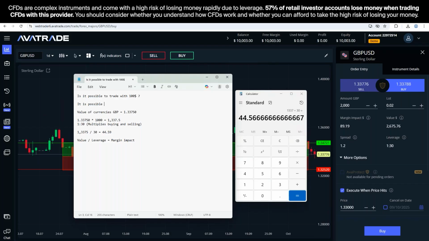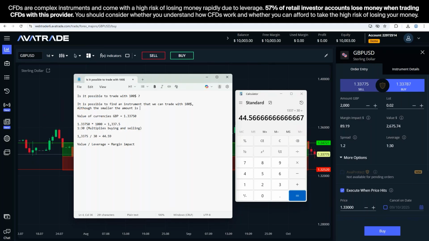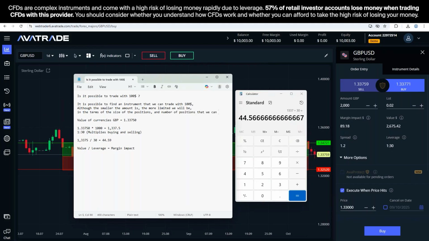It is possible to find an instrument that we can trade with $100, although the smaller the amount is, the more limited we will be in terms of the size of the positions and the number of positions that we can trade.